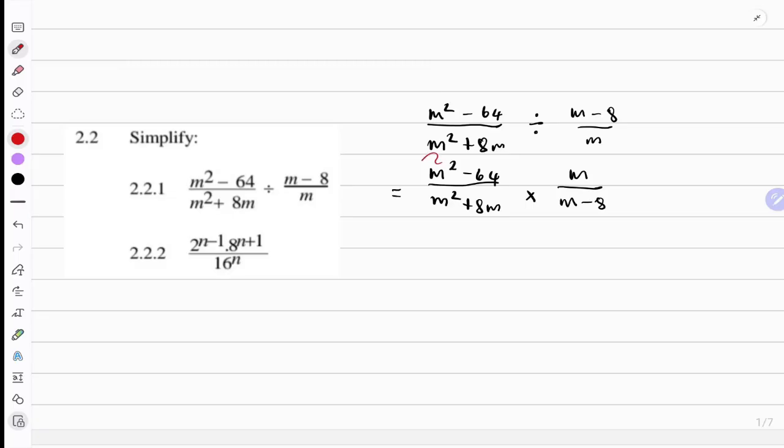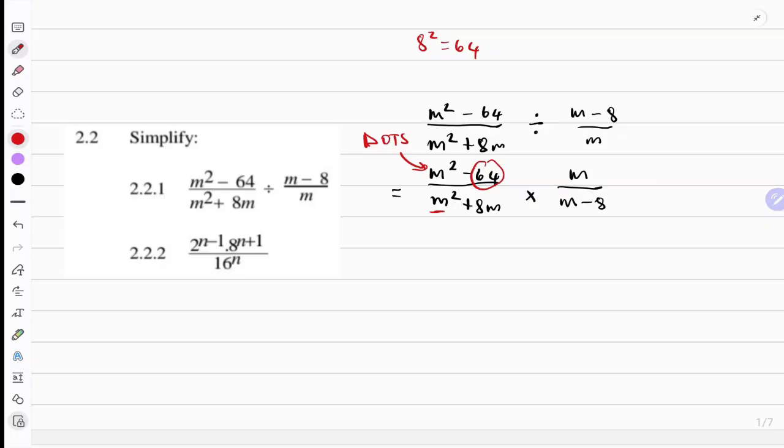When we analyze the numerator, we have a square number because 8 squared is 64, so we need to apply the difference of two squares. For the denominator, you can split m squared.